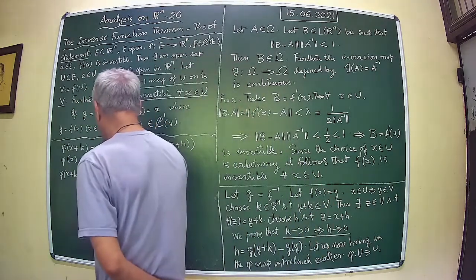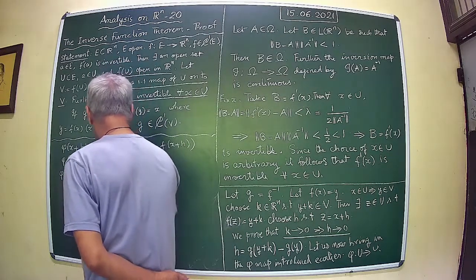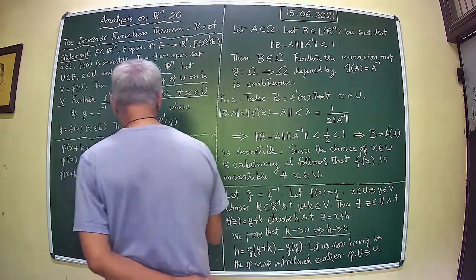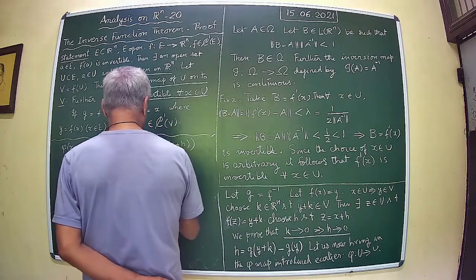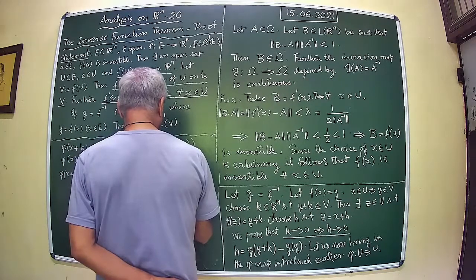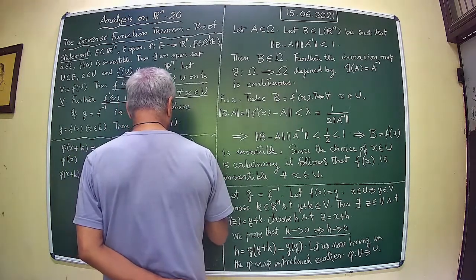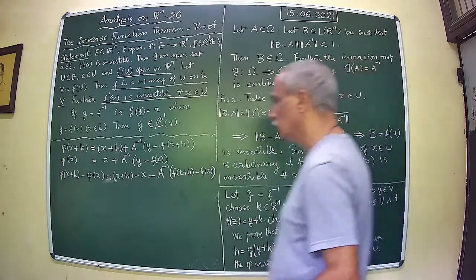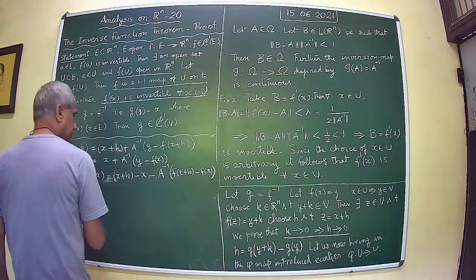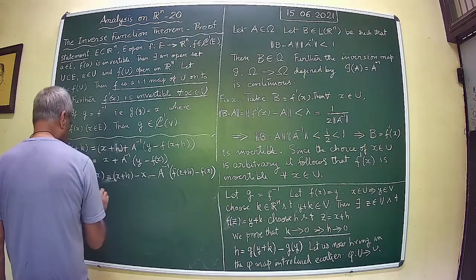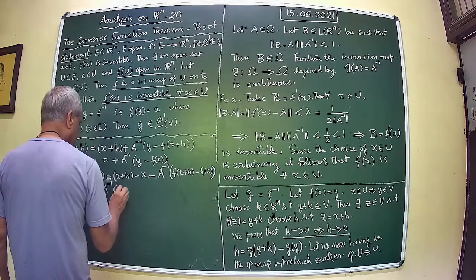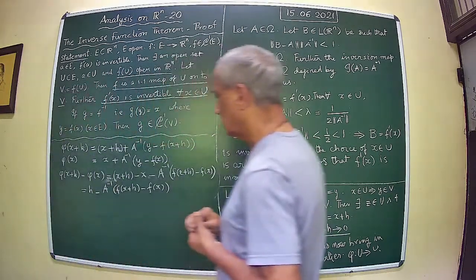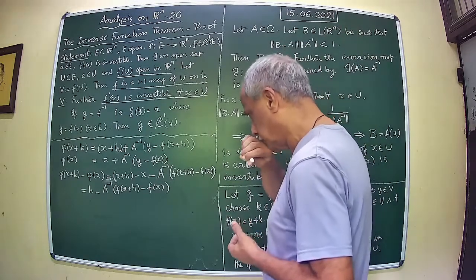So this is equal to x plus h minus, which is equal to h minus, now what is this?